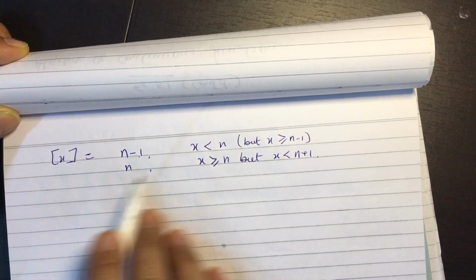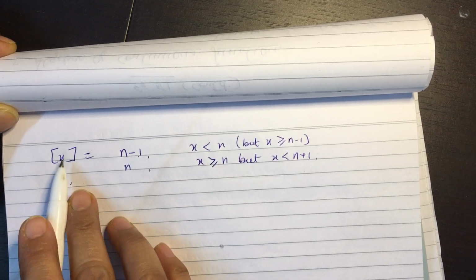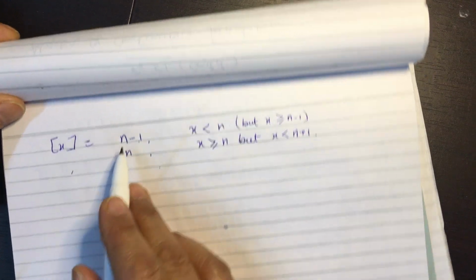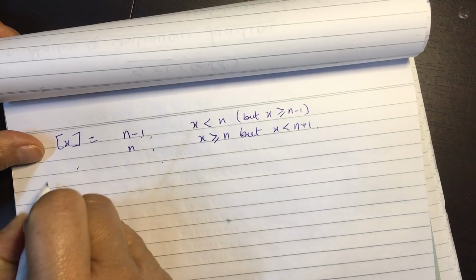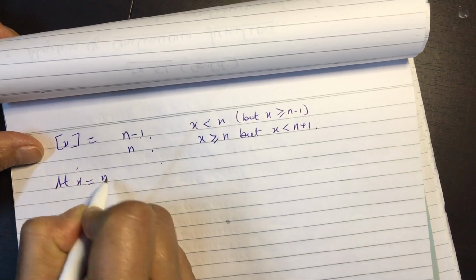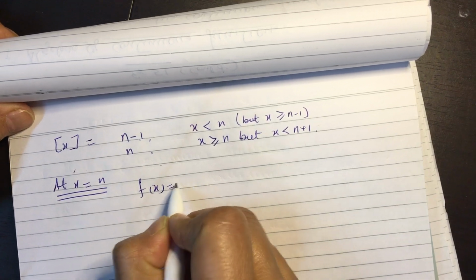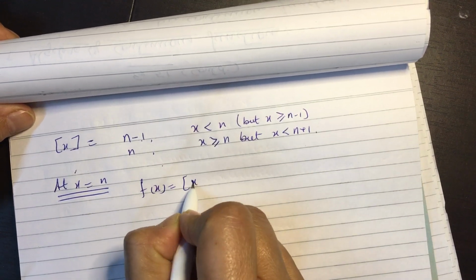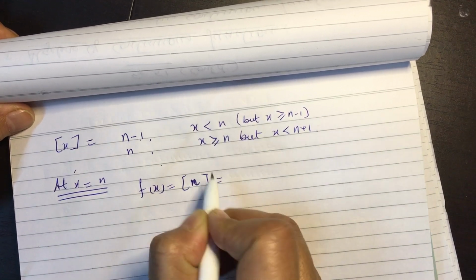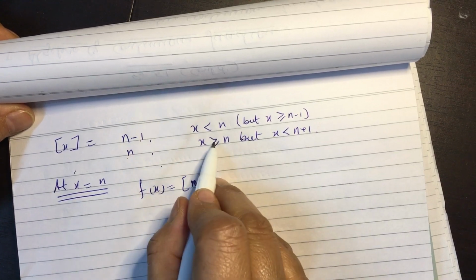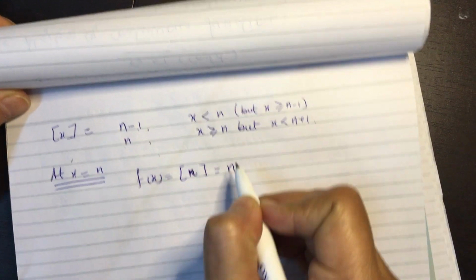So these are the small intervals into which we divide the greatest integer function. Now, at x equal to n, the value of the function is the greatest integer function of n, which is equal to n.